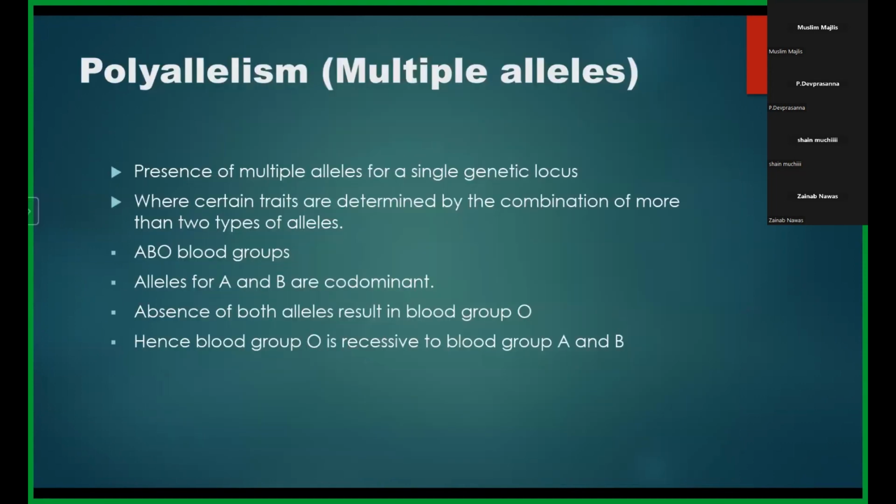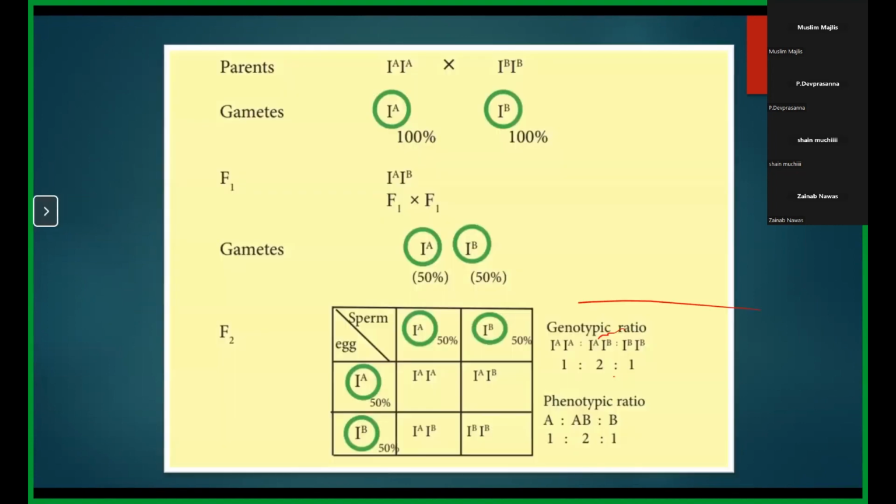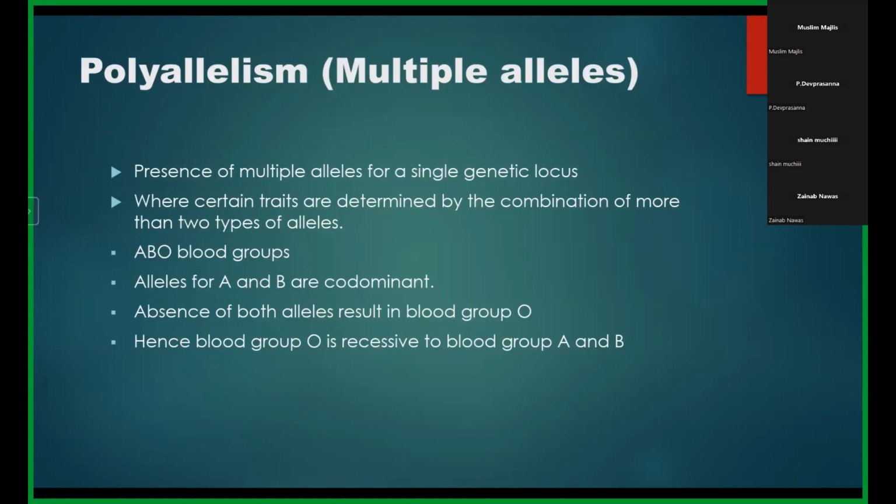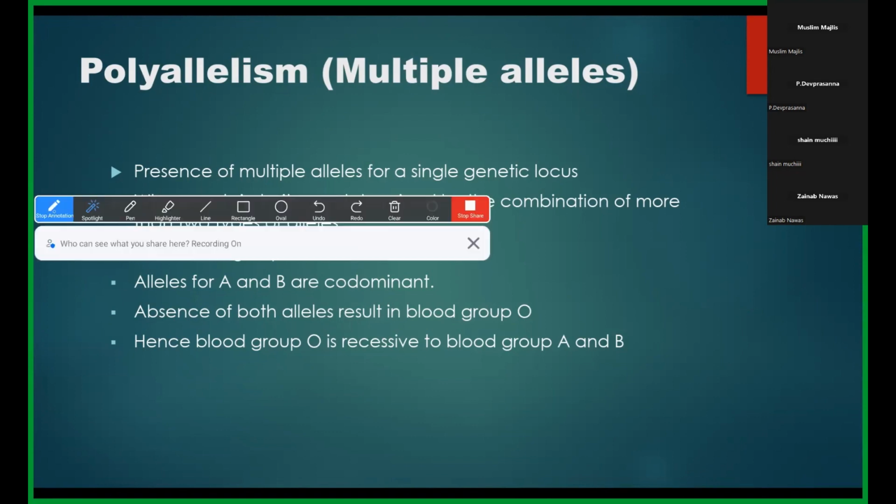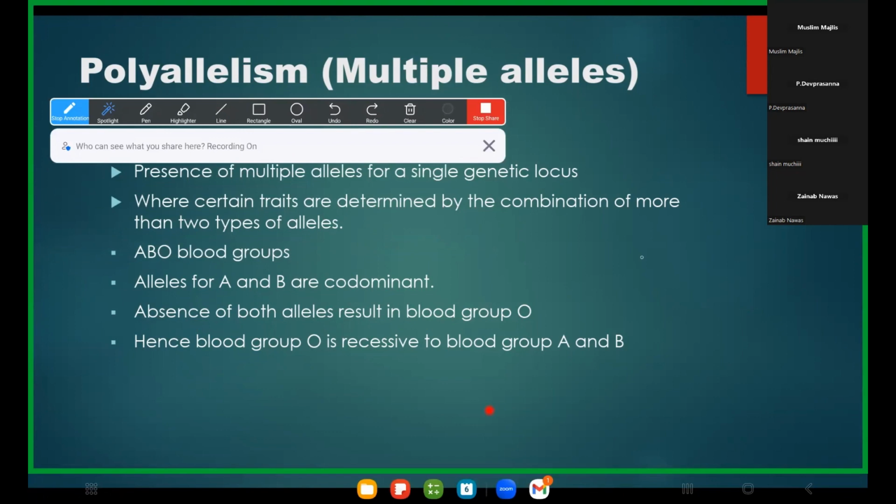Then we have polyallelism. Polyallelism is the presence of multiple alleles for a single genetic locus. If we consider blood grouping again, we have three different types of blood groups, A, B, and O. Here, there is a gene that is responsible for polypeptide A, there is a gene that is responsible for polypeptide B, and in certain instances, both of these polypeptide-transcribing genes are absent, so they would have the allele simple i.